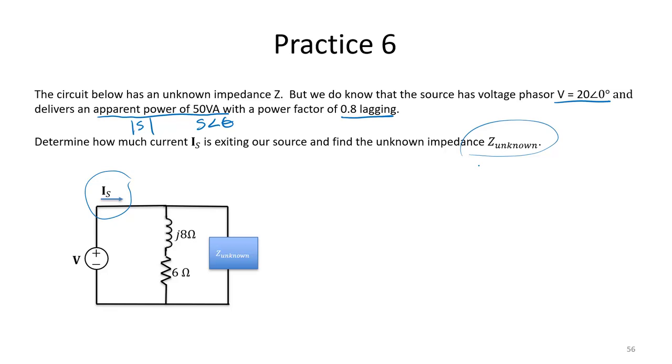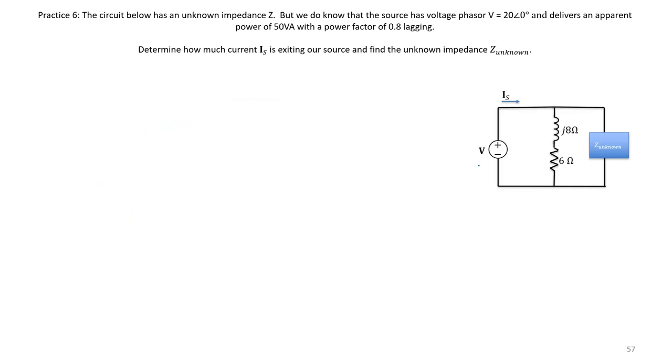A big hint here is the apparent power and power factor. What we can do is use the power factor to get our power factor angle.